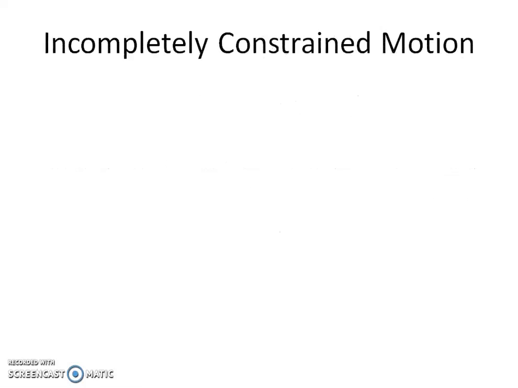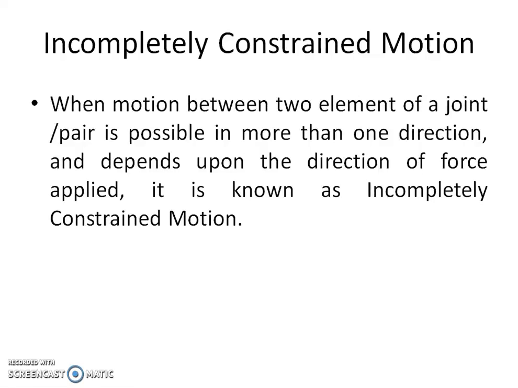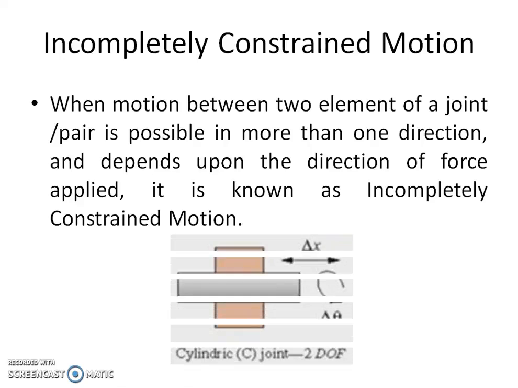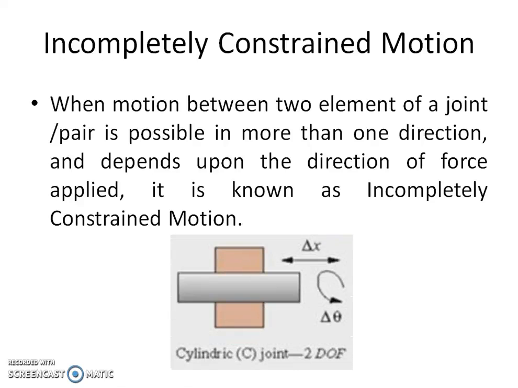Incompletely constrained motion. When the motion between two elements of a joint is possible in more than one direction and depends upon the direction of force applied, it is known as incompletely constrained motion. An example is a cylindrical joint.